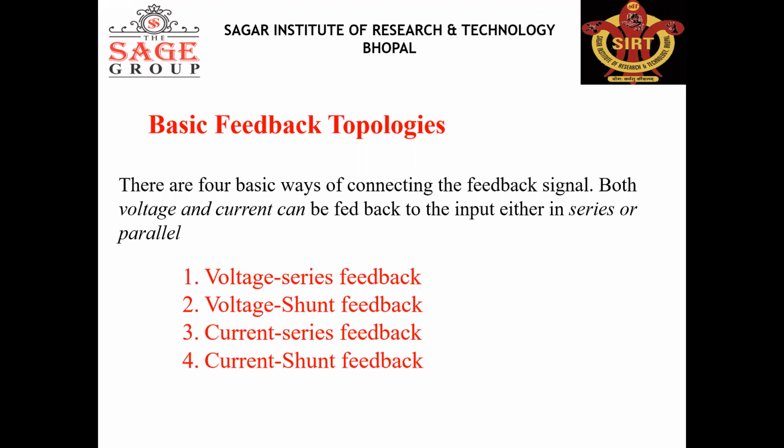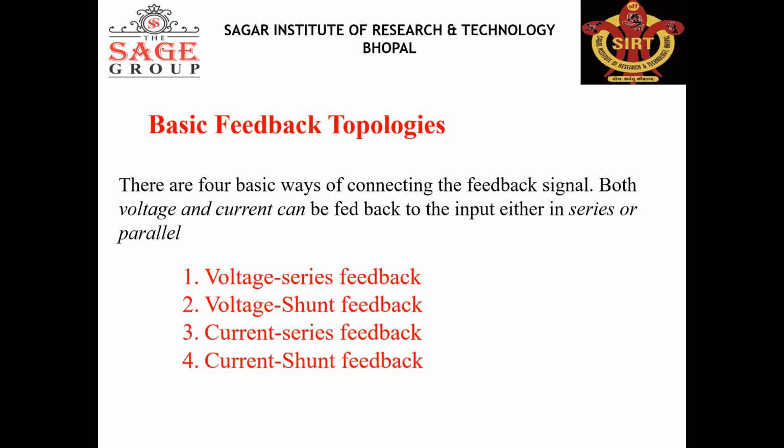Sampling is done at the output side of the amplifier, whereas mixing is done at the input side of the amplifier. So we connect the output of the amplifier to the input of feedback, and the output of feedback to the input of the amplifier.